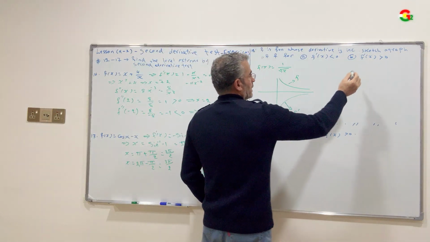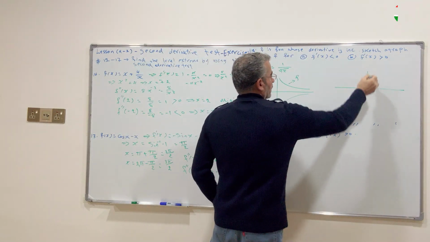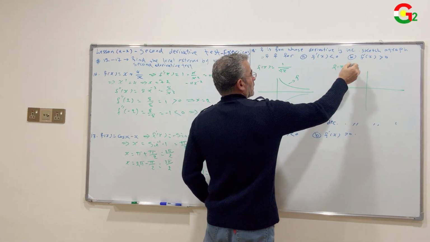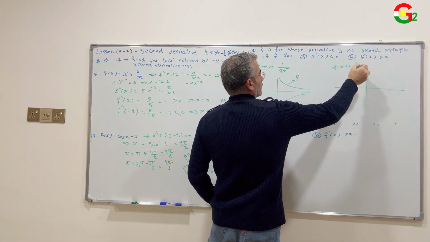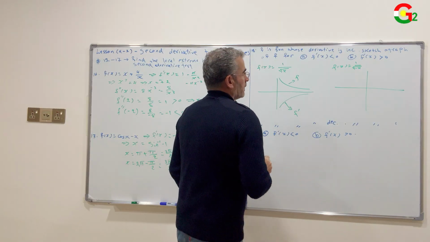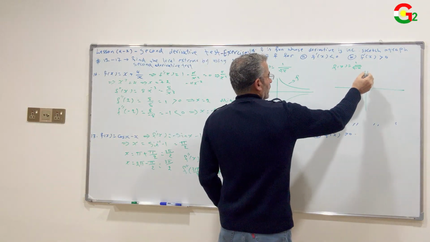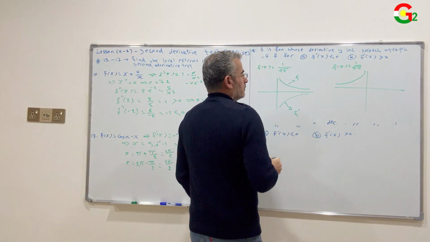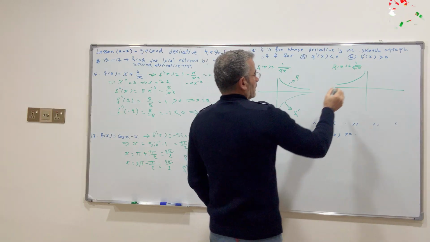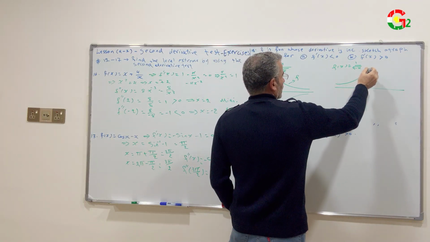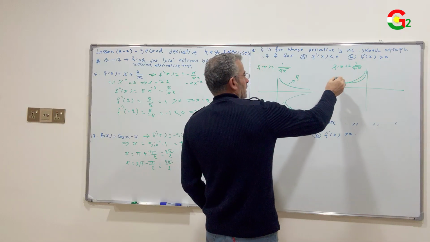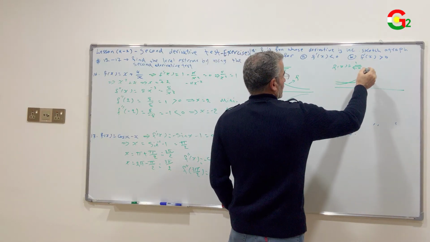For b, if we take f of x equals 1 over square root of negative x, then it takes this shape, and the derivative of it is like this.